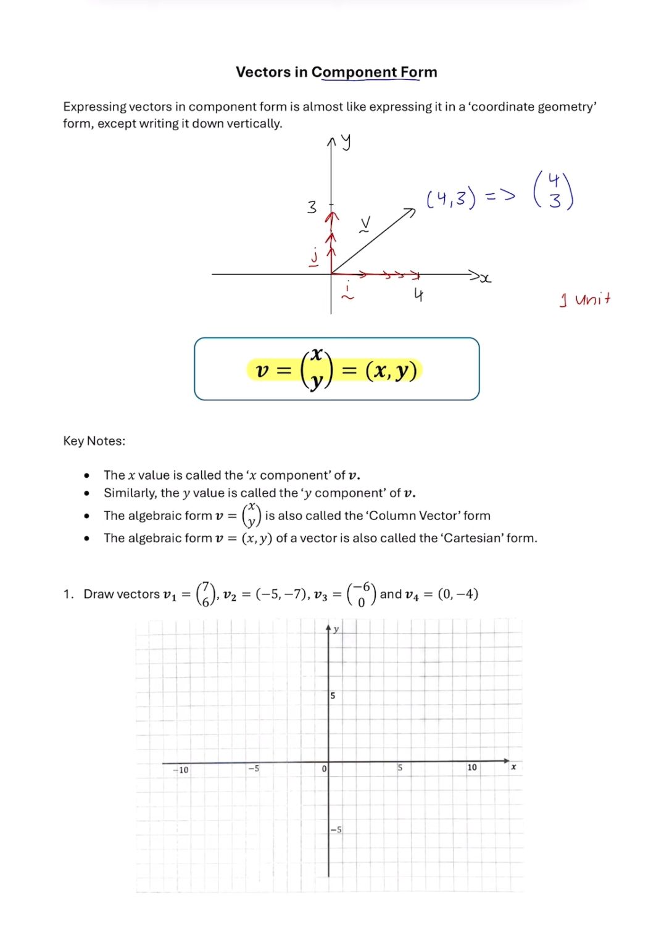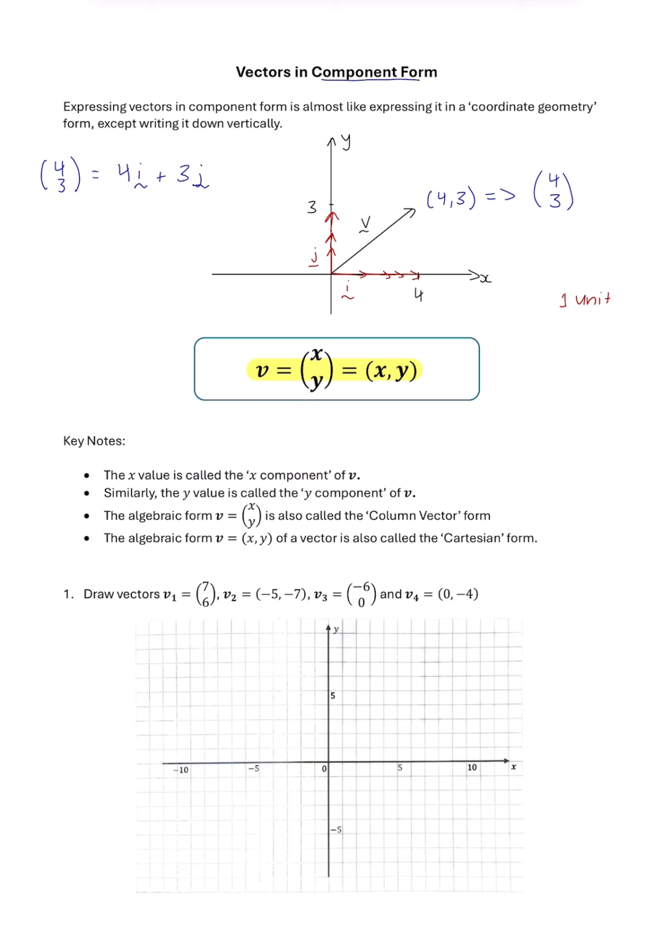So another way that we can write this is that 4, 3 can also be written as 4i plus 3j. So notice here, by treating vector i and vector j as unit vectors, can you see that I have 4 lots of vector i plus 3 lots of vector j?